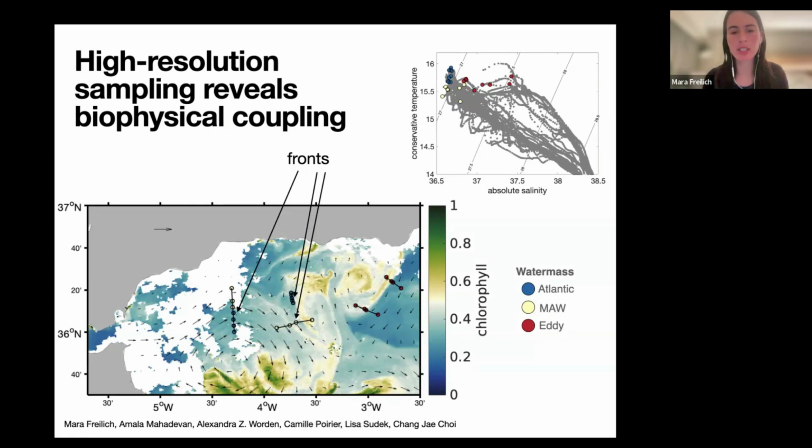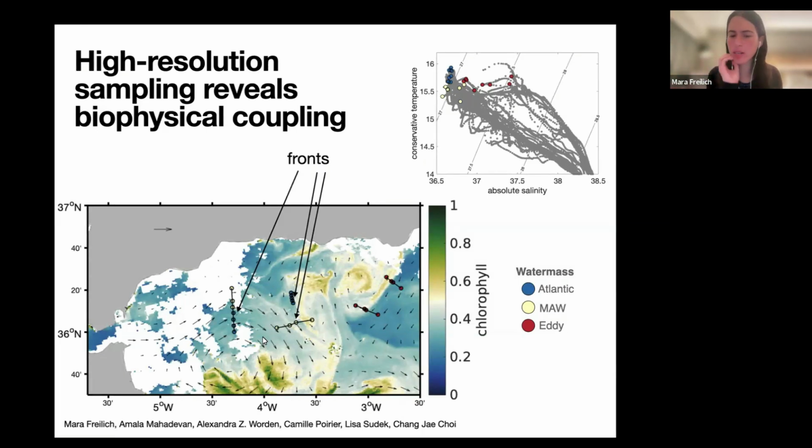Here I'm showing observations from a slightly different region, the Western Mediterranean Sea. I collected microbial community observations in the California current, and I'm currently working on plotting them. But here, what I want to point out is that we sampled across a number of fronts and a number of different water masses, from inflowing Atlantic water to an anticyclonic eddy in the eastern part of our observational domain.